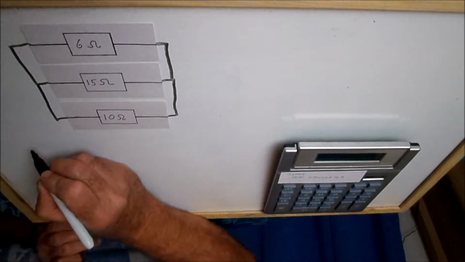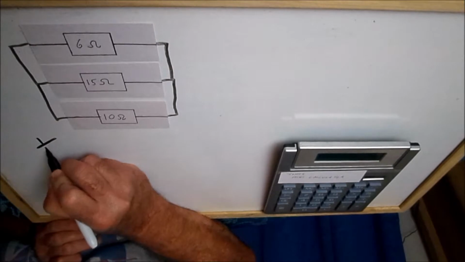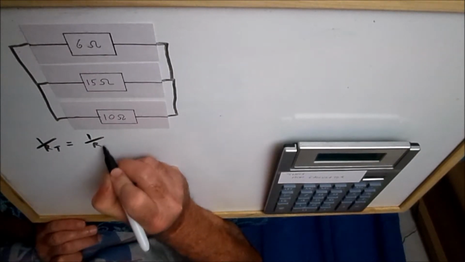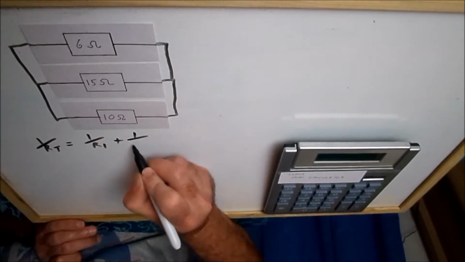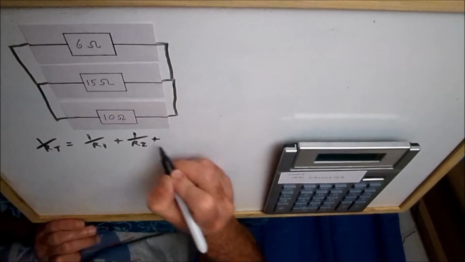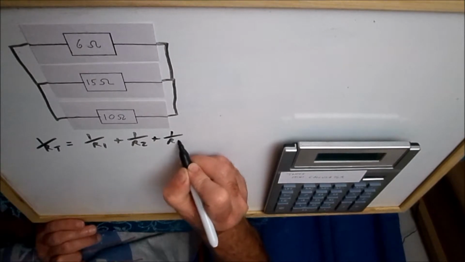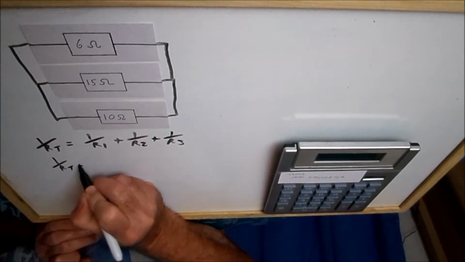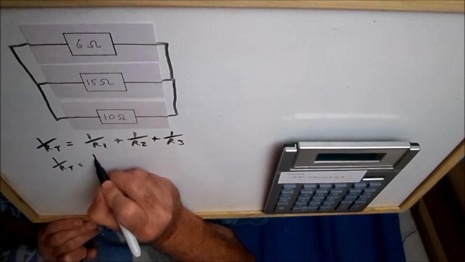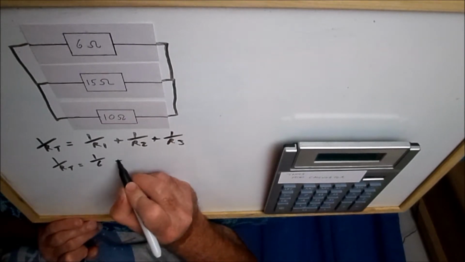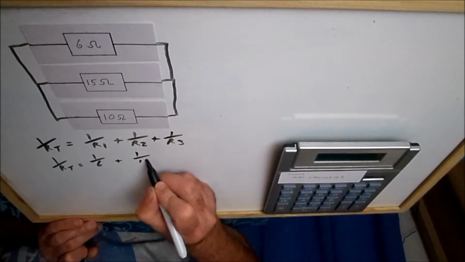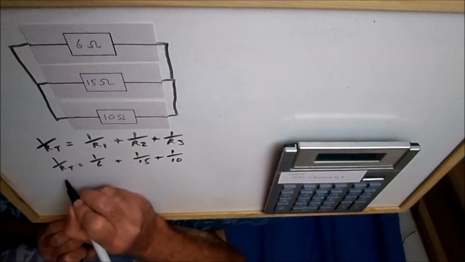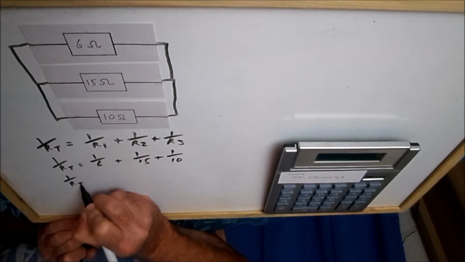So if you remember, we said that 1 over RT is going to be 1 over R1 plus 1 over R2 plus 1 over R3. So if we want to populate the equation with our figures now, we can say it's equal to 1 over 6 plus 1 over 15 plus 1 over 10. And we can employ our little calculator now in this.